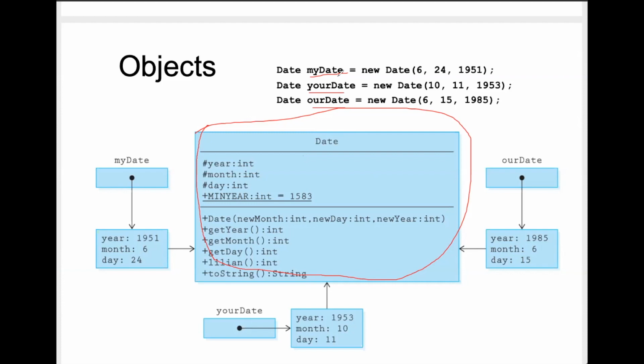For the class, I'm sorry, you have various different date instances. Every single one of these instances sits at a different memory location here. And this is how you represent how objects are interrelated with each other in this sort of visualization. Okay, let's move on to the next one.